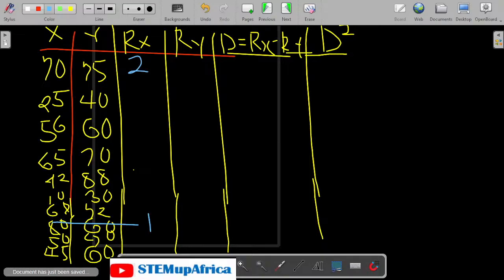Who is the third highest number? I will check again. 68. That will be 68. I will rank it as 3. Then after 68, I will see 65. I will rank it as 4. After 65, I will see 56. That will be number 5.